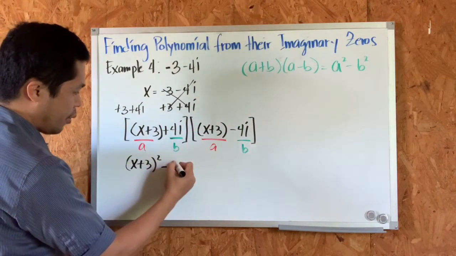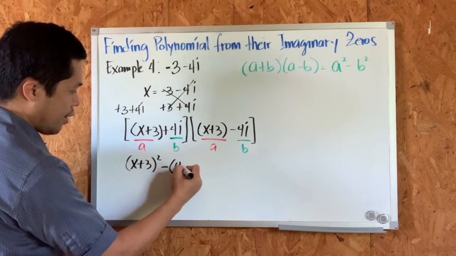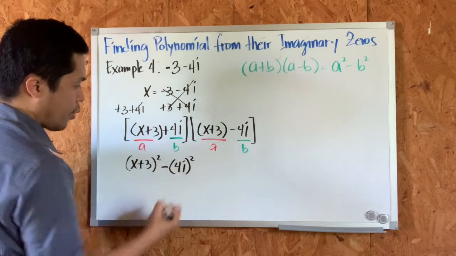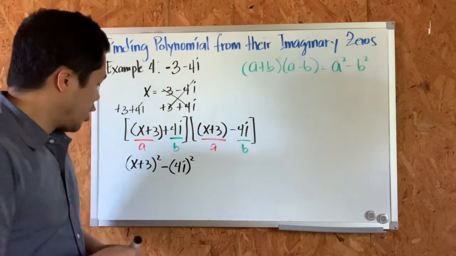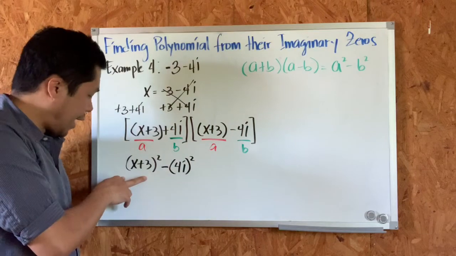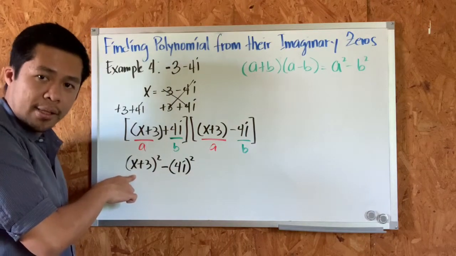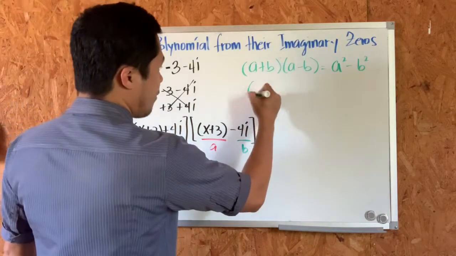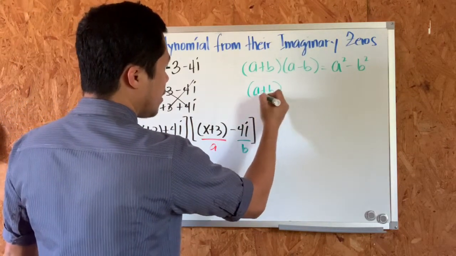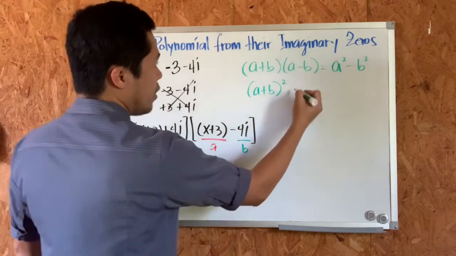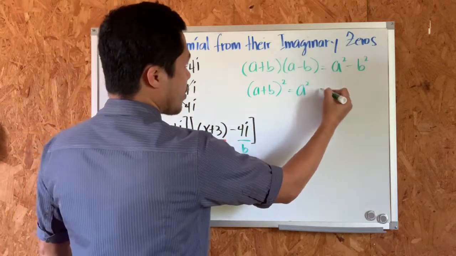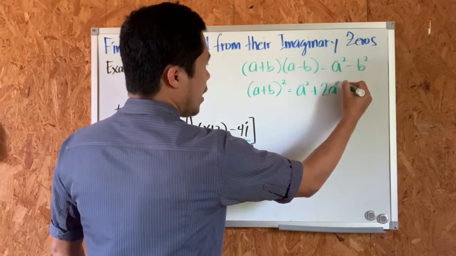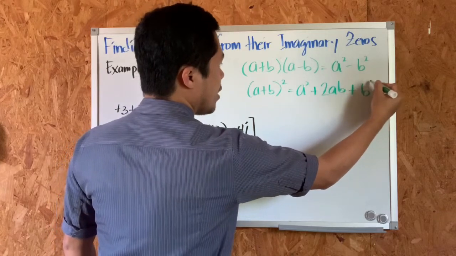Again, it's important to write the parentheses. So here we are, again, dealing with a polynomial identity. And what is that? If we have a plus b squared, it is equal to a squared plus 2ab plus b squared.